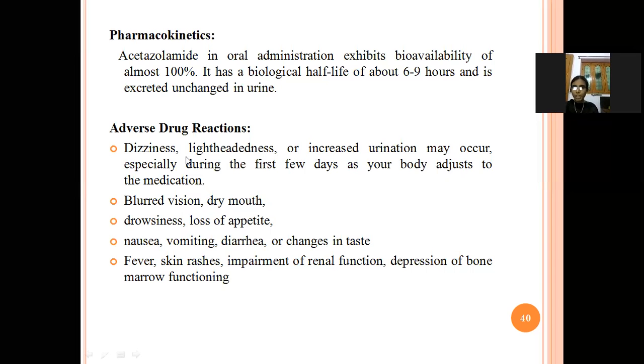Adverse drug reactions are dizziness, lightheadedness, or increased urination may occur, and blurred vision, dry mouth, drowsiness, loss of appetite, nausea, vomiting, diarrhea, change in taste, fever, skin rashes, impairment of renal function, and depression of bone marrow functioning. Depression of bone marrow functioning means the bone marrow cannot produce RBC cells.